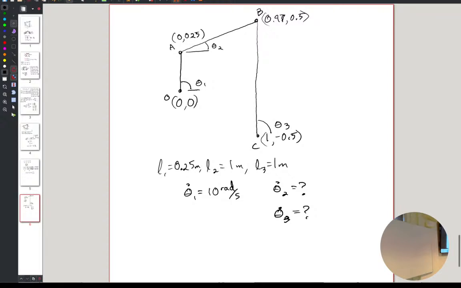For B to C, you go from 0.5 to negative 0.5 for your Y. And then you go from 0.97 to 1, which is 0.03 meters. And so if you do that math, you're not going to get a meter at all. Yeah, it's about a meter though.